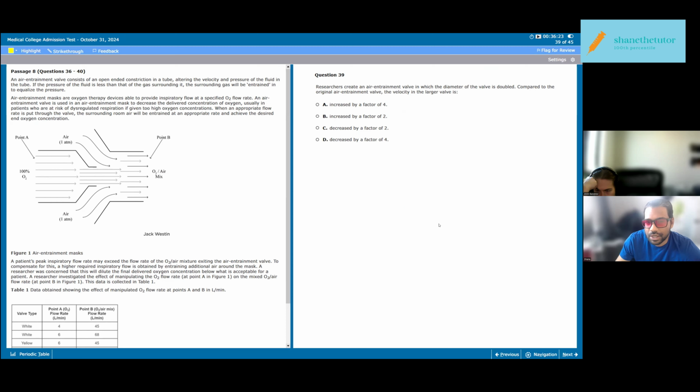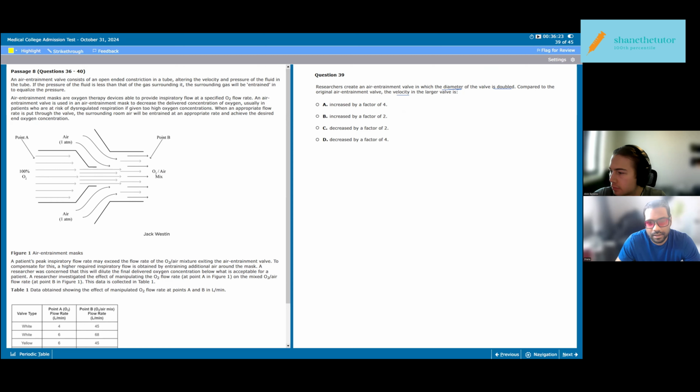I've seen this type of question all the time because people usually equate diameter to area, but it's really the square of diameter. So if we double the diameter, the area is quadrupled, and the velocity is inverse to that, so it should be decreased by a factor of 4.